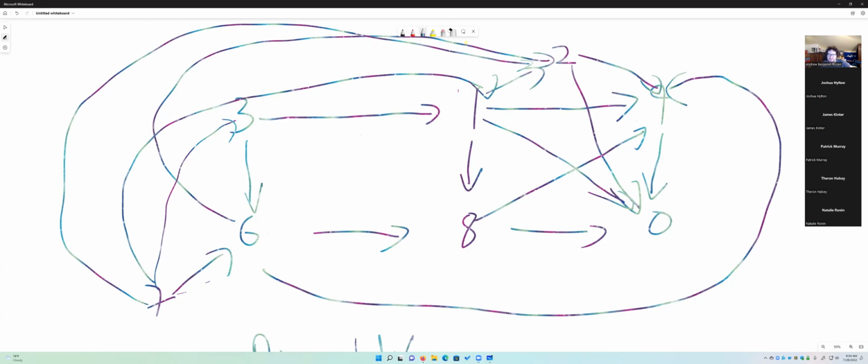So now what we do is we start. We are going to mark down 7, and then remove 7 and all of its outgoing edges.